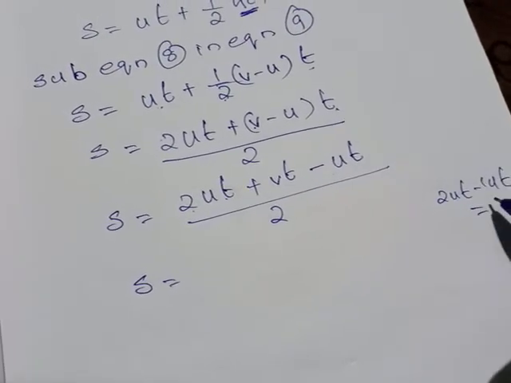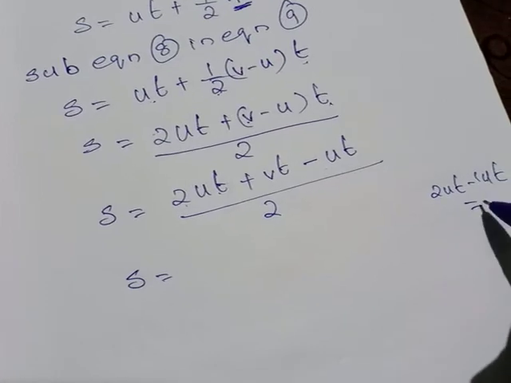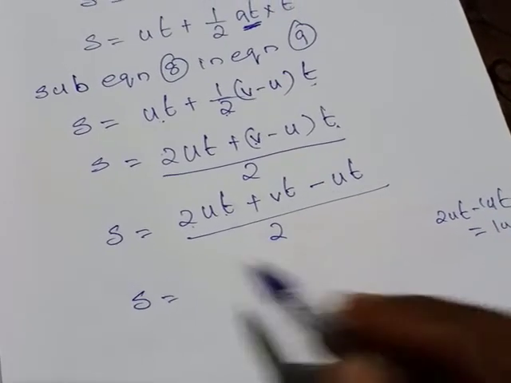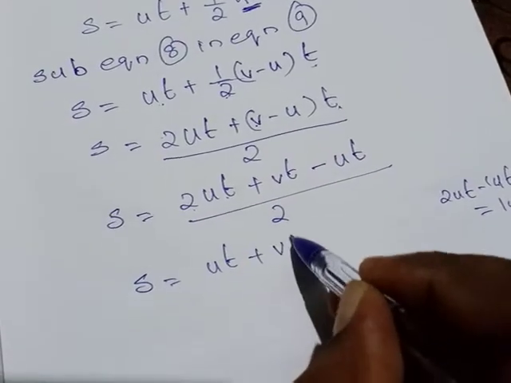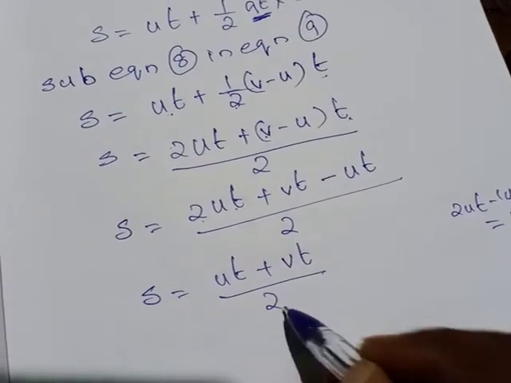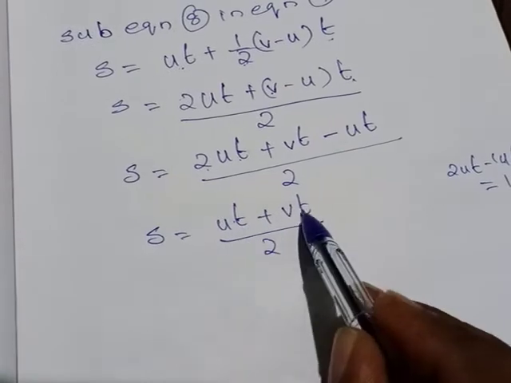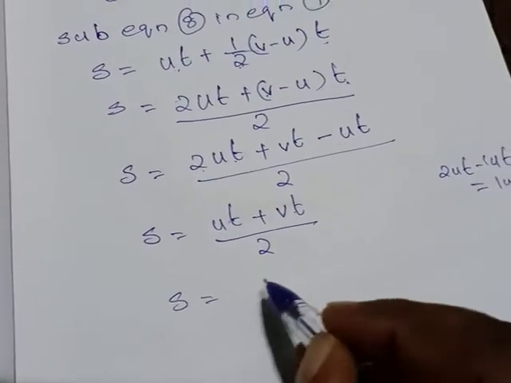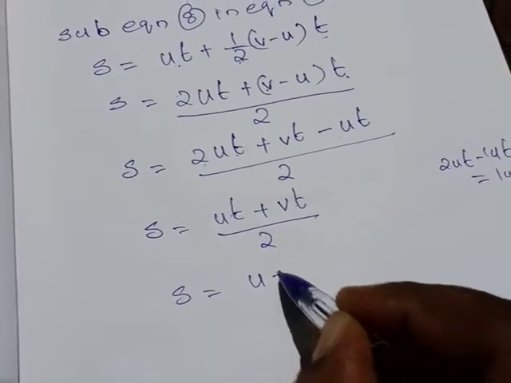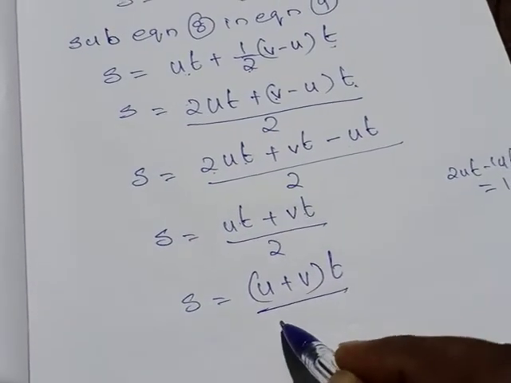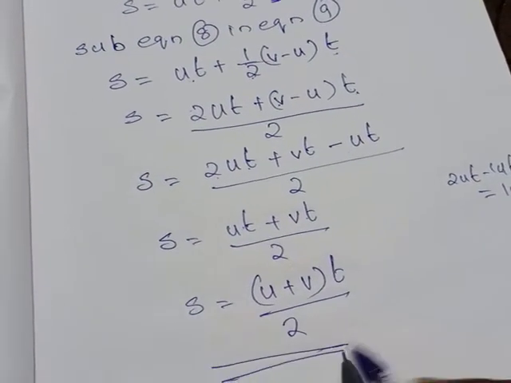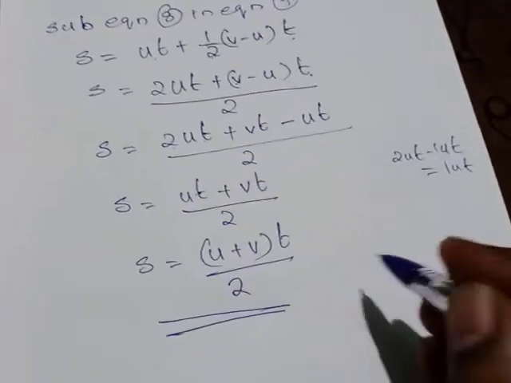Here 1 ut is there. So 2ut minus 1 ut is 1 ut. So 1 ut will come from vt by 2. So here t is common. So take t outside. So u plus v into t by 2. This is 4 equation. So we got 4 equations.